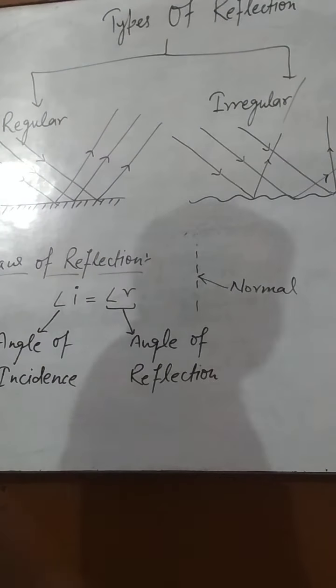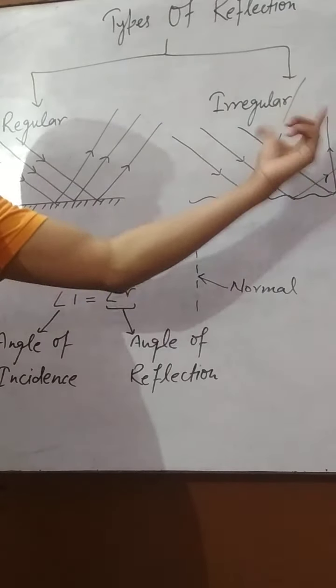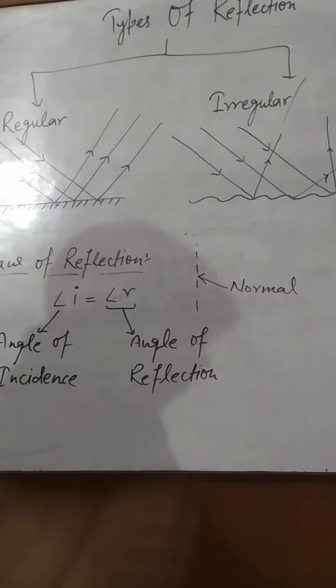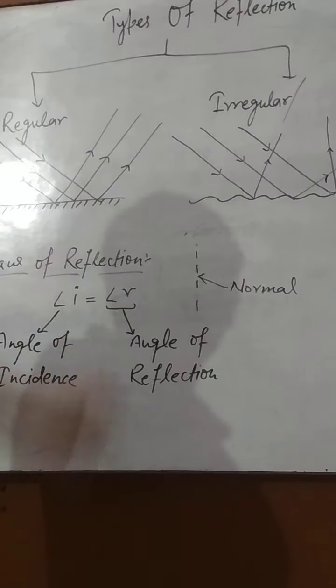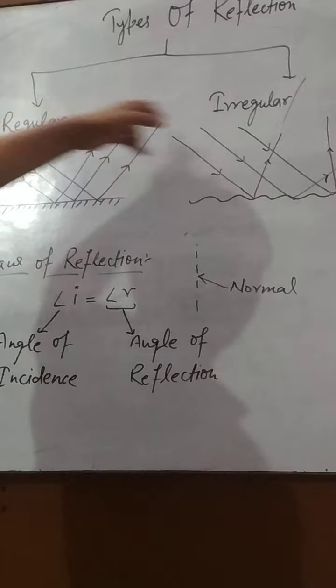Each is reflecting in a different position, so they are not reflecting in a parallel form. This is the simplest way to recognize whether reflection is regular or irregular.